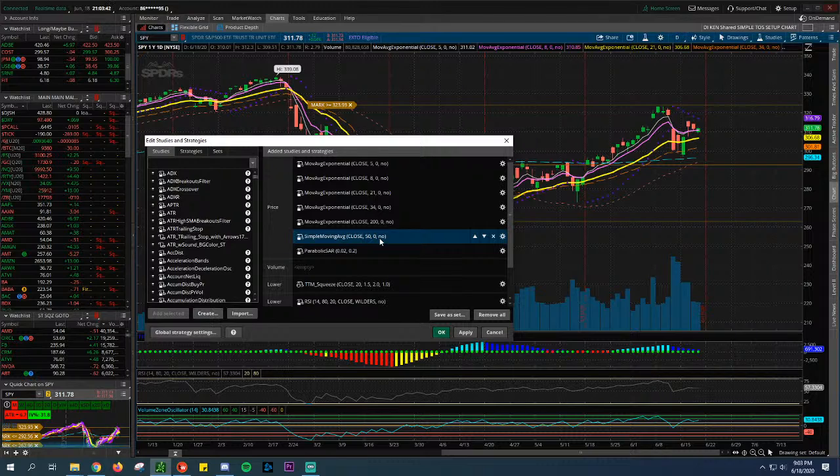The reason I throw the simple moving average in there, the 50-day, is that a lot of people who are more novice with technical analysis normally use a 10, a 50, and a 200, and maybe a 100-day simple moving average, because that's usually the default.